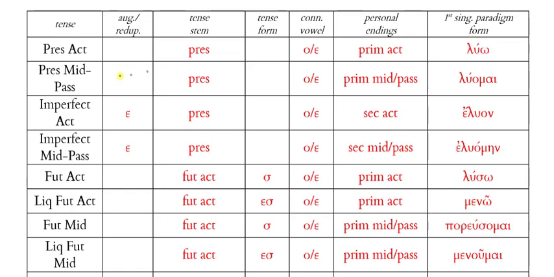Okay, so memorize this. Nothing goes in augment and tense form, but it uses the present stem, these connecting vowels, this set of endings, and use luo for the paradigm form. Okay. All right. And you'll get a handout of this in just a minute.